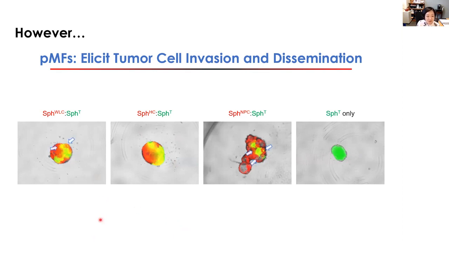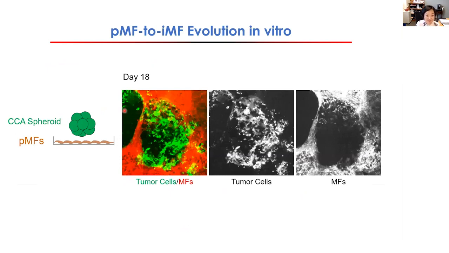If you look closer, in the co-culture condition, I hope you can see that there are actually tumor cell invasion and dissemination already occurring there, which is not that obvious in the HC tumor co-culture. And once this happens, the MFs also change, because tumor cells going out means MFs going in.